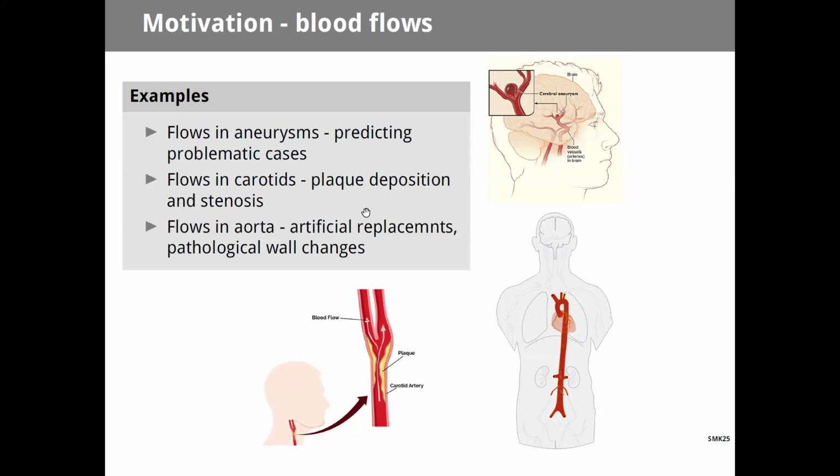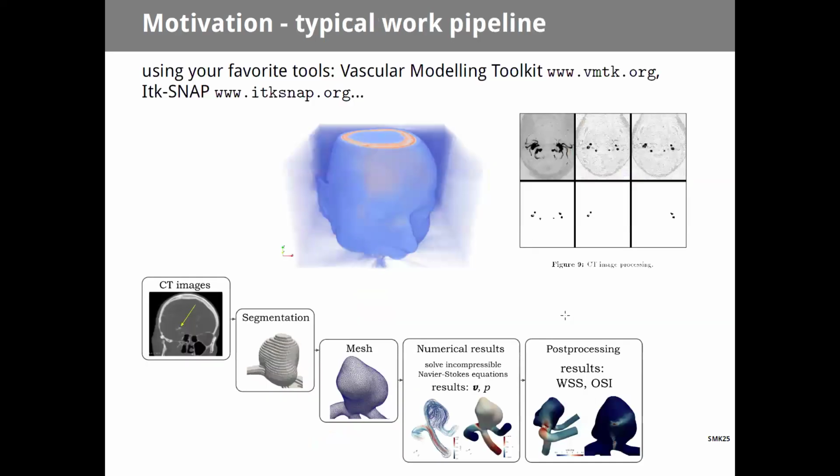And the third is flow in the aorta. So it's the biggest vessel in the body going directly out of the heart. And there you might be interested in some changes in the wall, like calcification, or changes in the flow. If you, for example, have valves going out of the heart, the flow can be influenced by this.